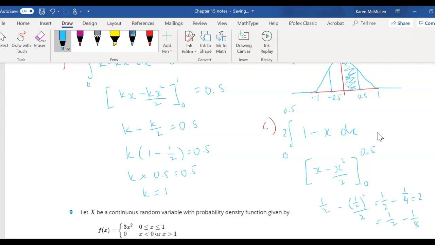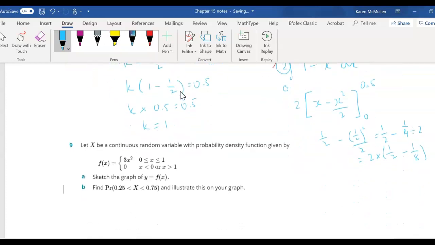Now, what I've forgotten to do is I forgot to add in this 2. So don't forget we've got to do 2 times everything. I should have that 2 times everywhere else, just to be consistent. Okay, so we've got 1/2 minus 1/8.